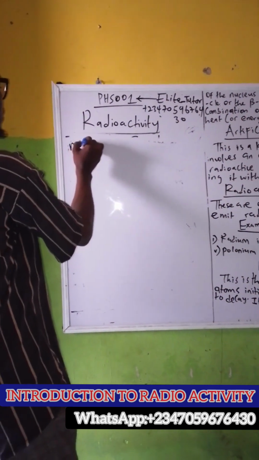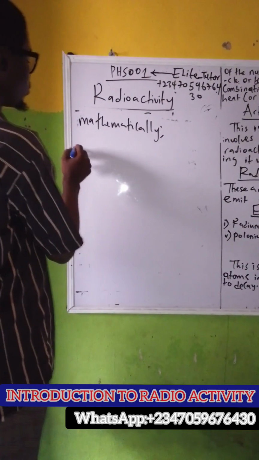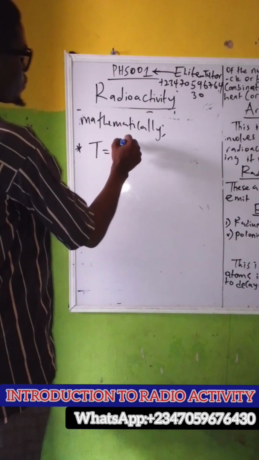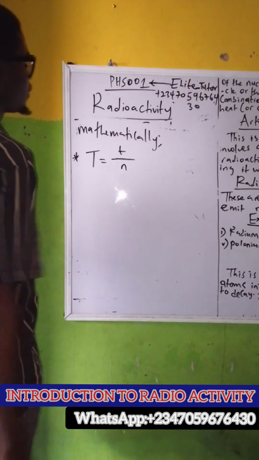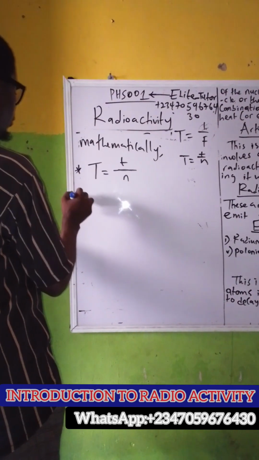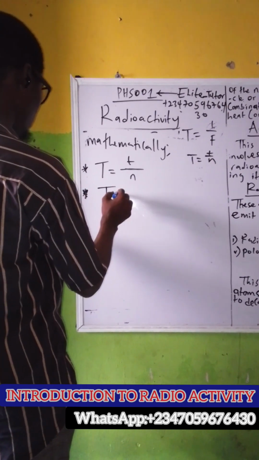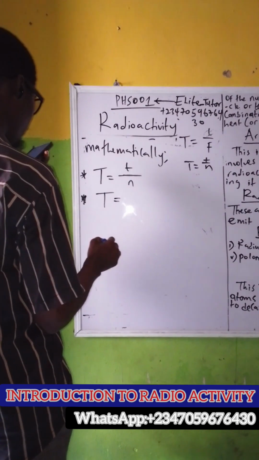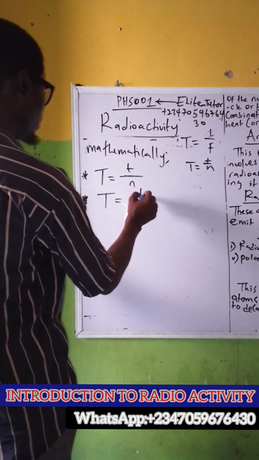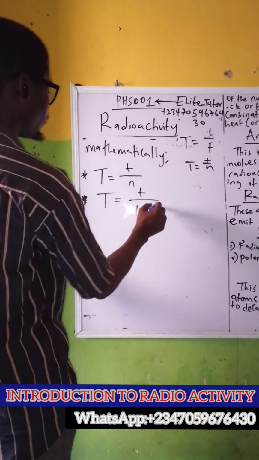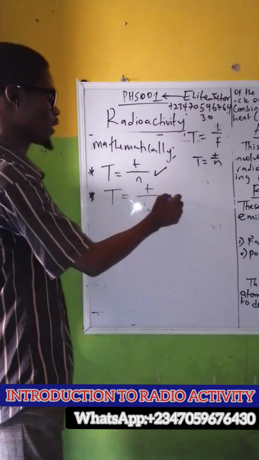Mathematically, under half-life, we have this equation: half-life is equal to time taken to decay, or time of half-life, over N. The second formula for half-life is T equals small letter t over log of r base 2. So we have two formulas for half-life.